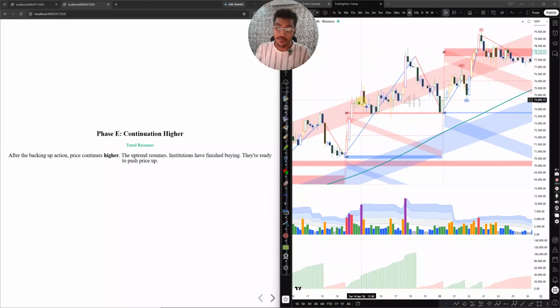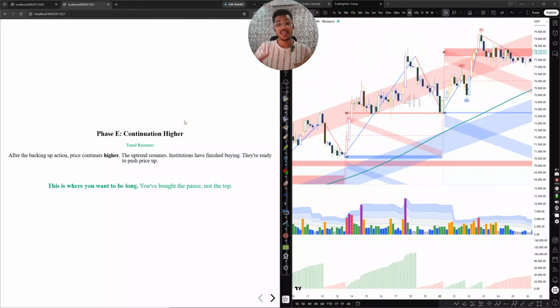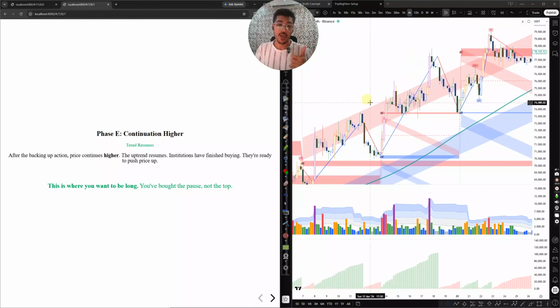You can see here, right? They are buying, and then when they're finished buying and ready to push the prices up, then boom, the market just goes up, right? So you have seen all those phases are combined in one wave. All right, so that's why it's a very effective continuation pattern if you want to make quick money in a faster time.